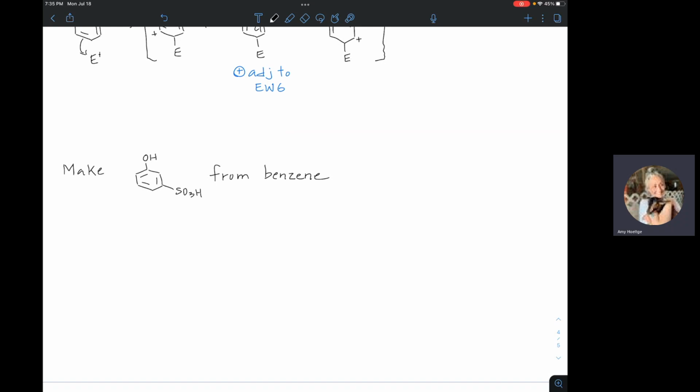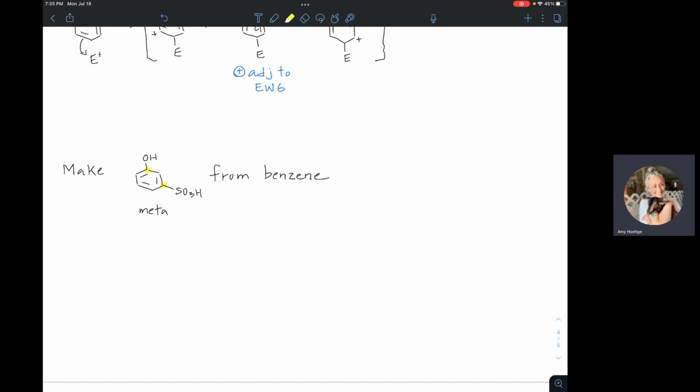So first thing you want to do is note their relationship, right? This is meta. These groups are in the 1-3 position relative to each other. So then you have to ask yourself, which one of those groups is going to be a meta director? Is it going to be the sulfonic acid, or is it going to be the hydroxyl group?